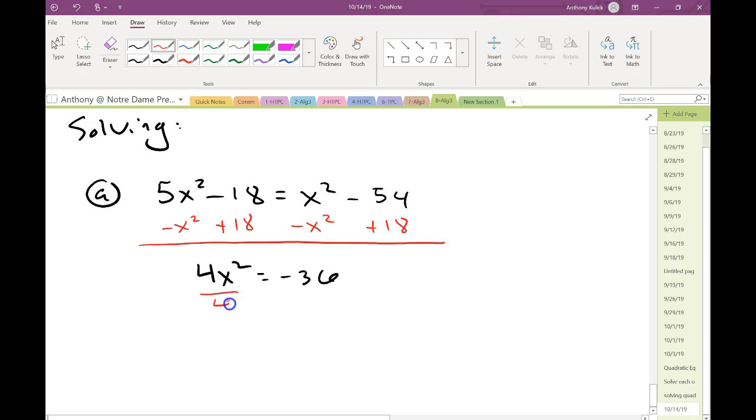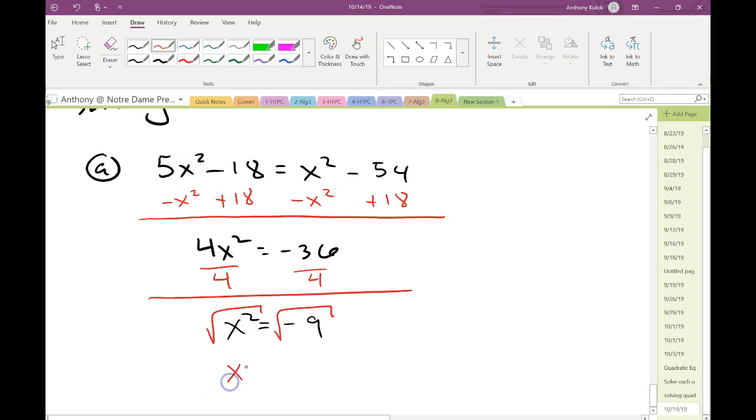And then we'll divide both sides by 4. And then we'll square root both sides. What do I have to remember when I square root both sides of an equation? Plus or minus. Not enough of you guys said that. That makes me a little nervous.